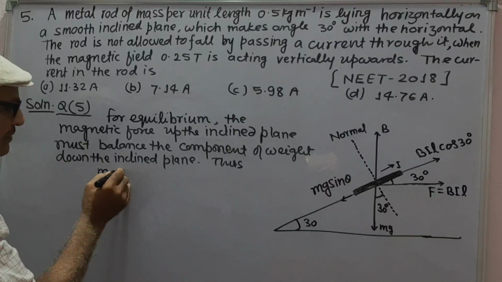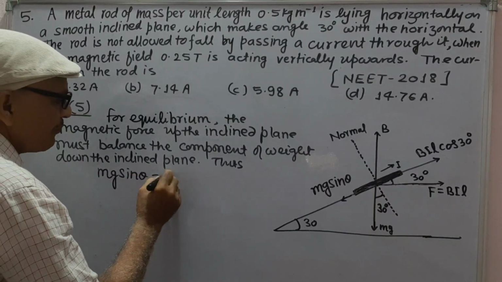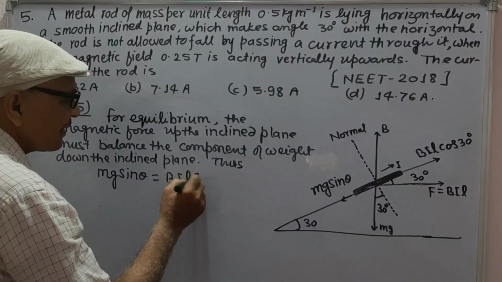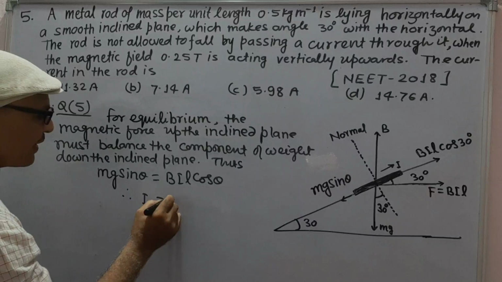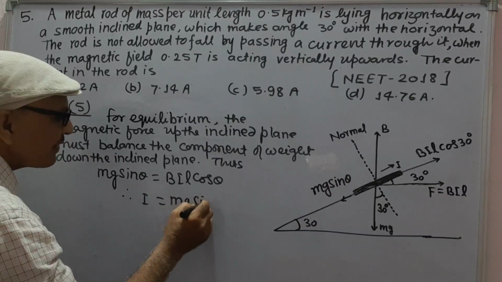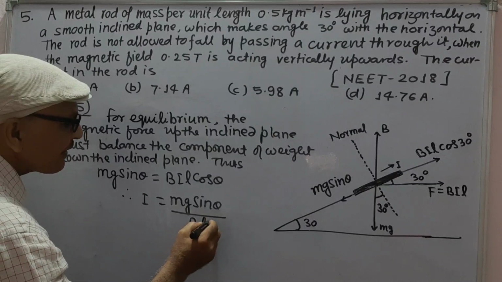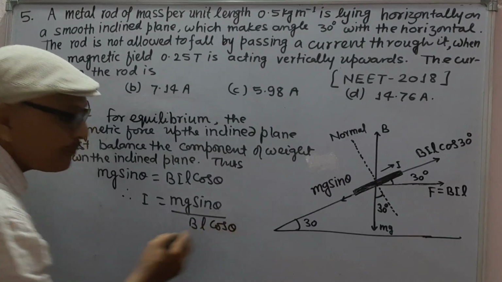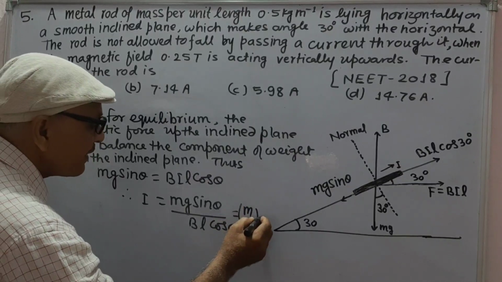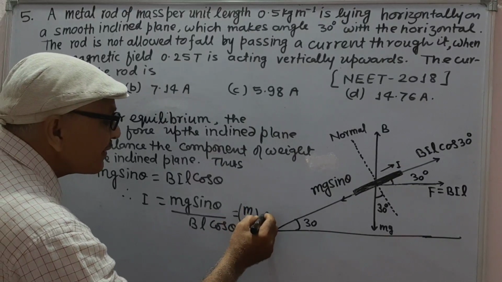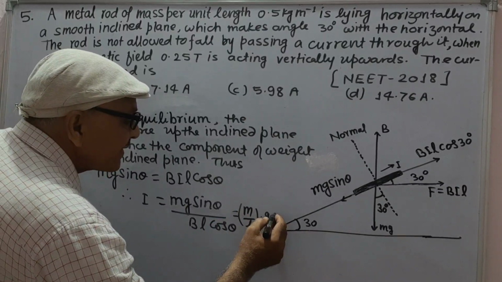Thus, mg sin theta will be equal to BIL cos theta, which gives I as mg sin theta upon BL cos theta, that is, m upon L into g by B, times sin theta upon cos theta, which gives tan theta.